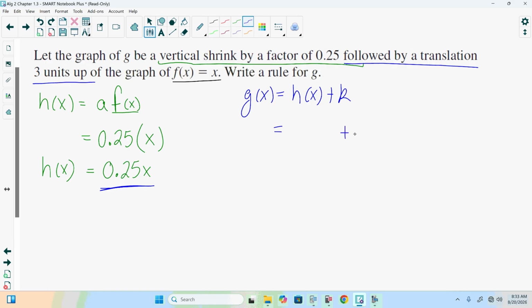What's our value k? 3, positive or negative? Luckily enough, we still just have h of x, so we can just replace it, yes? So it's just 0.25x plus 3.